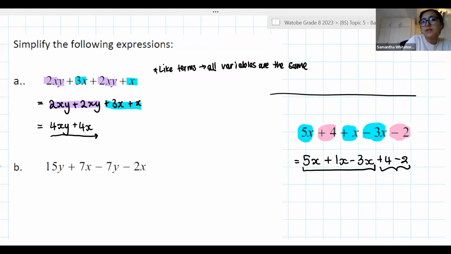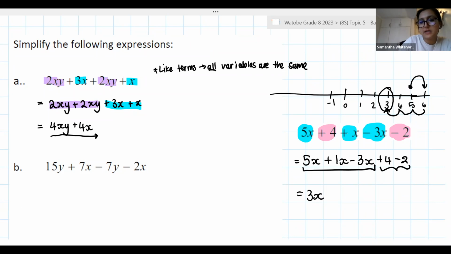So if I think about the x's, and I'm just going to draw a number line to help us here. If I think about my x's, I've got 5x, I'm starting at 5. I'm adding 1, so I get to 6x, but then from 6x, I'm taking away 3. So my final landing point is at positive 3x.